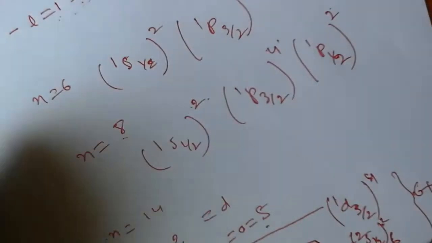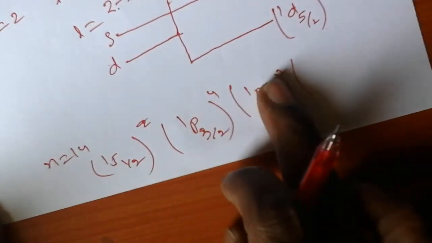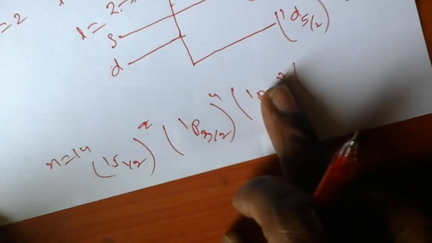So the p value is over, so sp is over. Here only 2 plus 4 plus 2, 8 only you are getting.